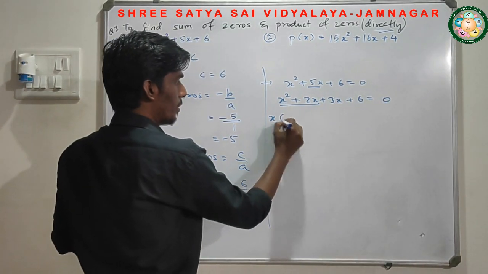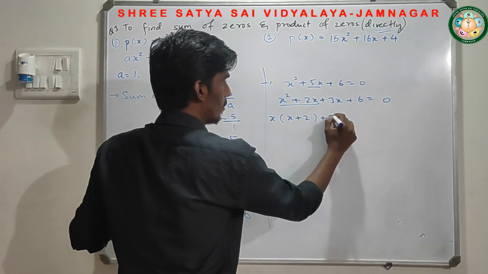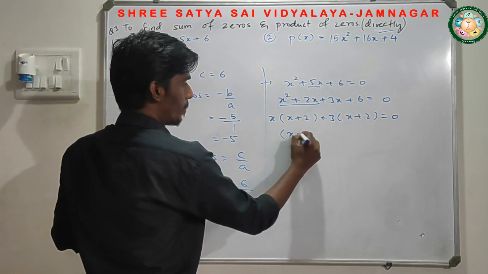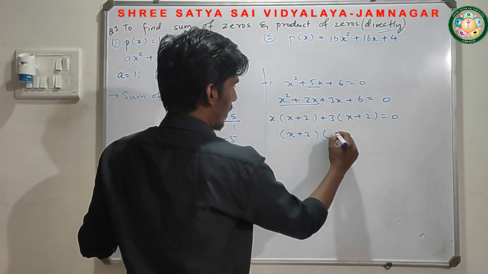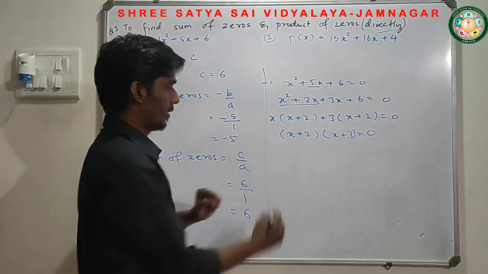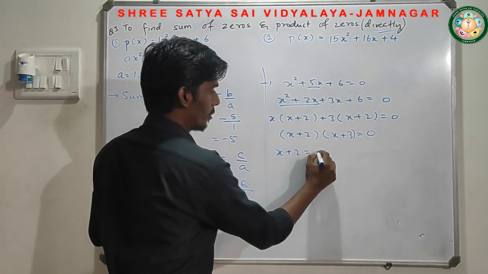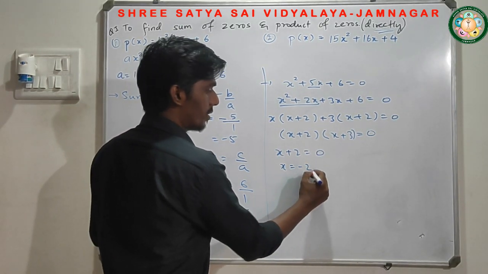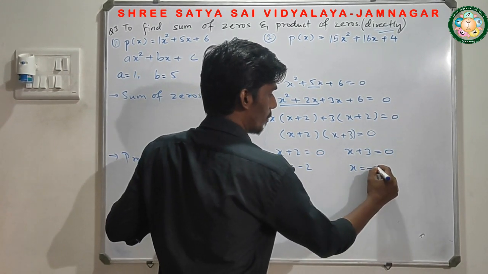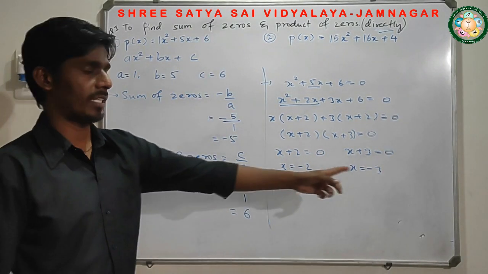What is common here? x plus 2, x plus 3 common. So either x plus 2 equals 0, x equals minus 2, or x plus 3 equals 0, x equals minus 3. So these are the zeros.